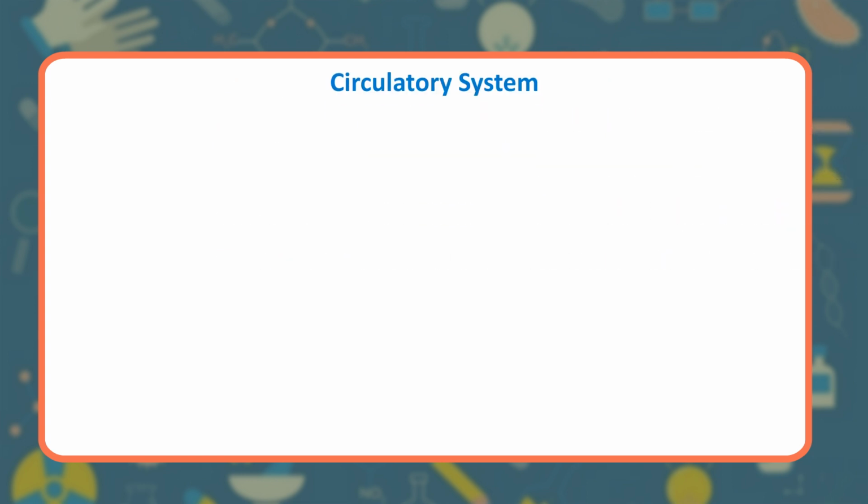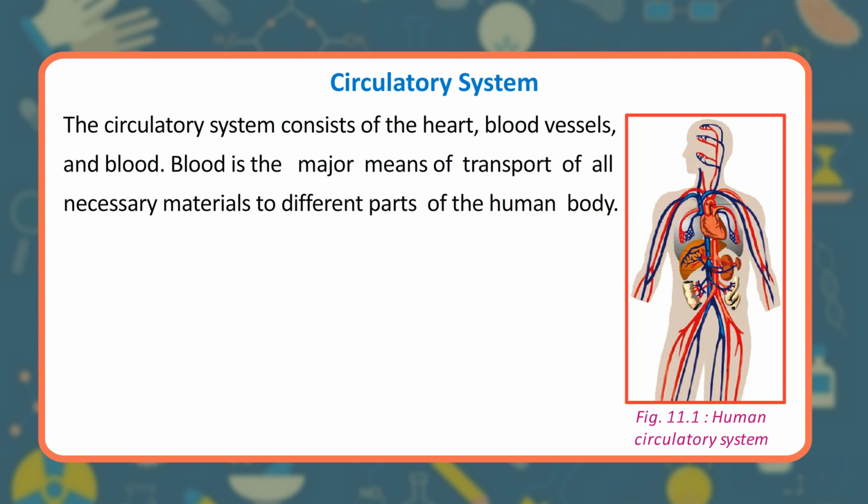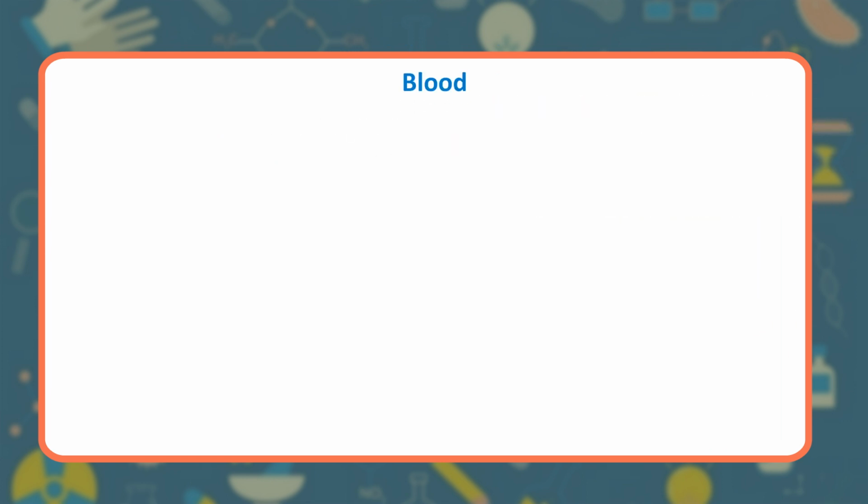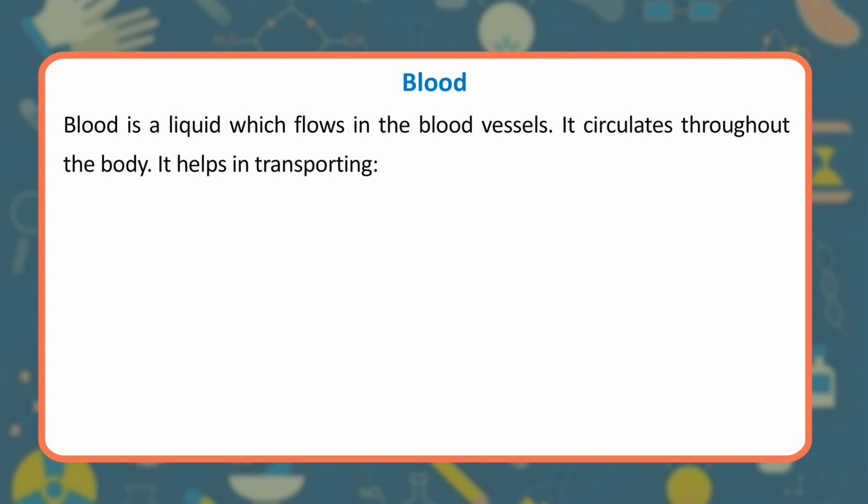Circulatory system. The circulatory system consists of the heart, blood vessels, and blood. Blood is the major means of transport of all necessary materials to different parts of the human body. Blood is a liquid which flows in the blood vessels.